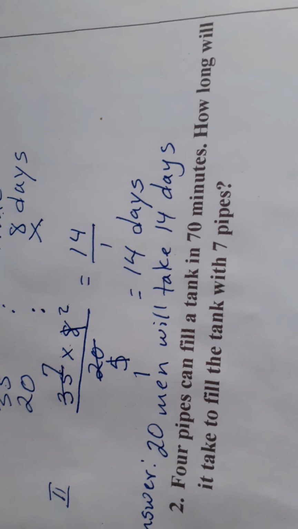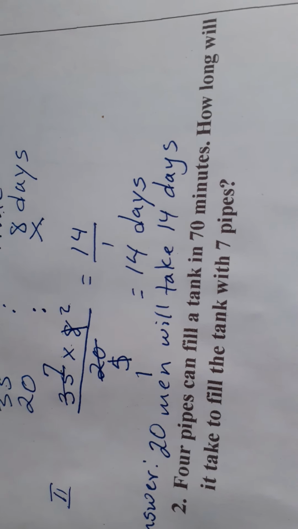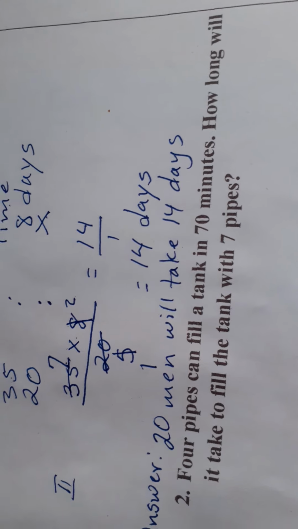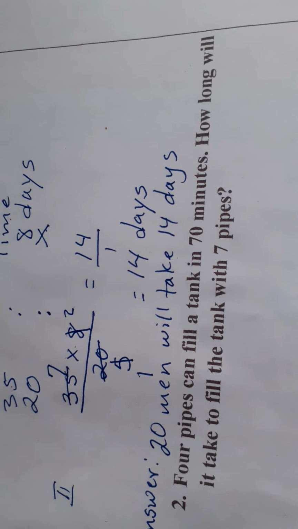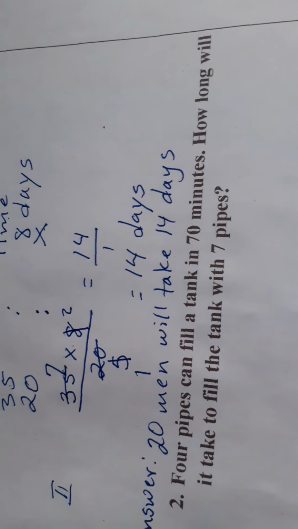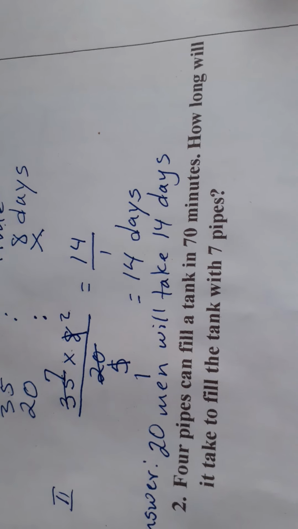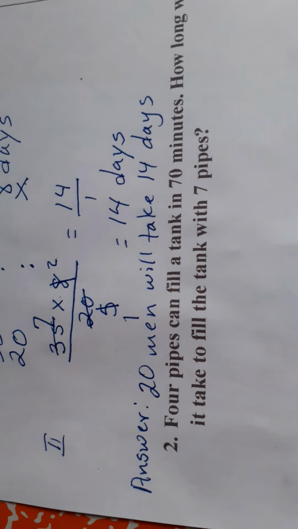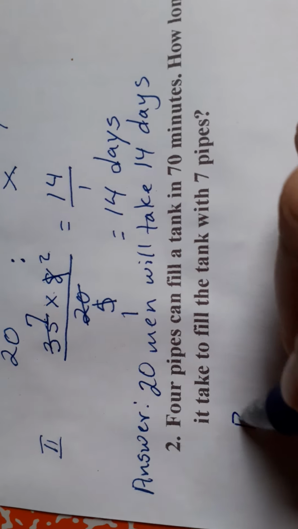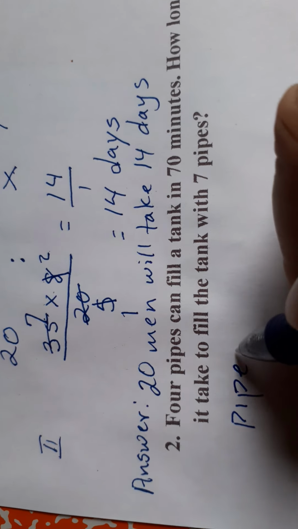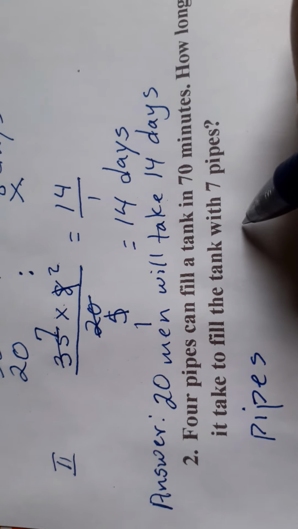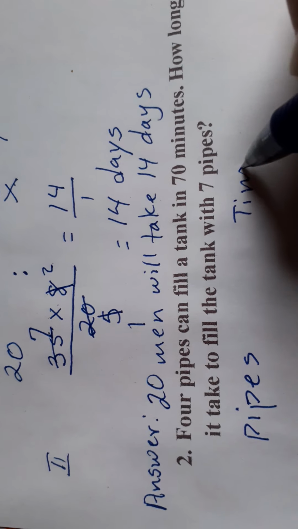It says 4 pipes can fill a tank in 70 minutes. How long will it take to fill the tank with 7 pipes? Okay, so the subject here is pipes. And now we have the time.